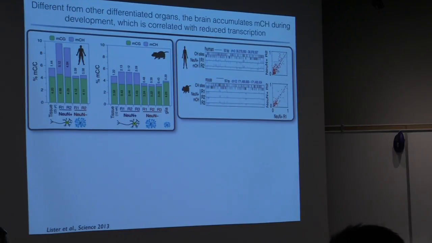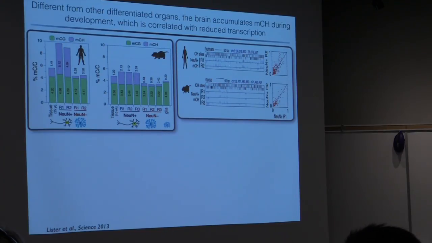And if you look at this, something that was very surprising, this is not randomly distributed. This is a zoom in of one part of one chromosome, where we're looking at base resolution differences. These are all the possible CH sites, and these are two different people.